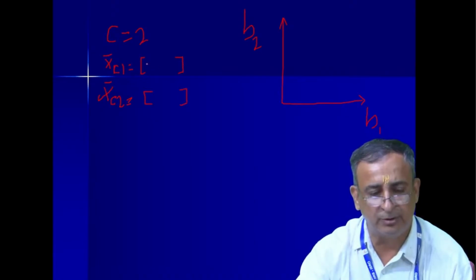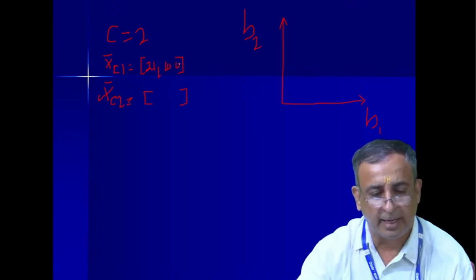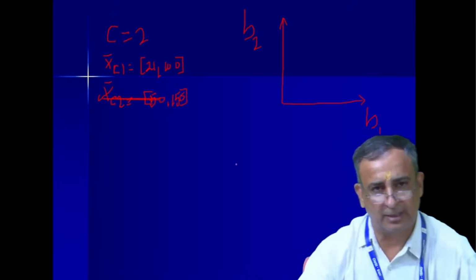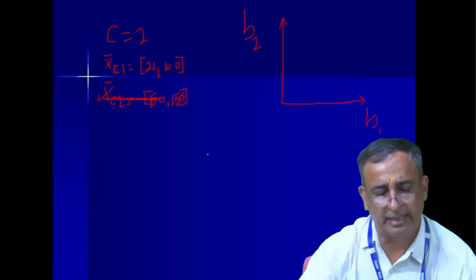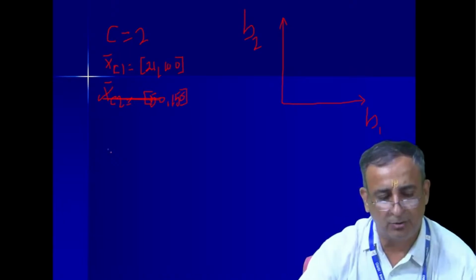You will have two values here. Suppose here you assume 21 and then 100, and here you assume 50, and then maybe 150. So these two cluster centers you have assumed, and then you can start the algorithm. The algorithm basically uses the Euclidean distance, and you know the Euclidean distance formula.